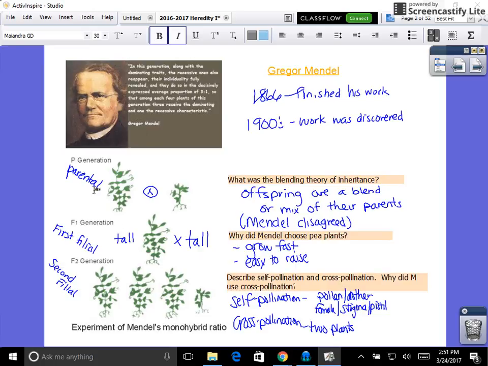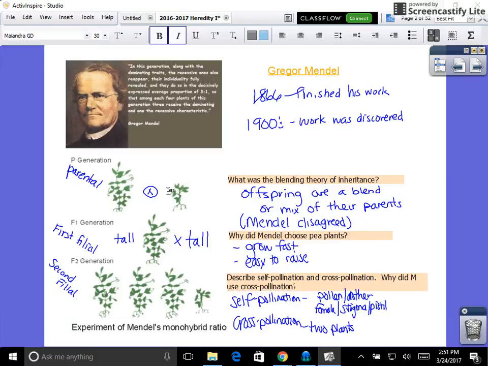So some basic information to have is the P generation is the parental generation. F1 stands for first filial, and F2 stands for second filial. So these are referencing generation 1, generation 2, generation 3. So he crossed a tall pea plant with a short pea plant, and his outcome was all tall plants.